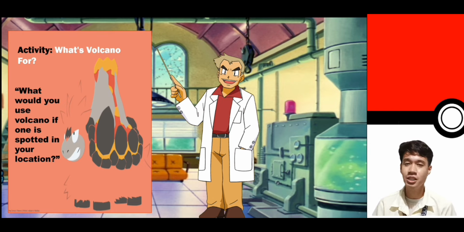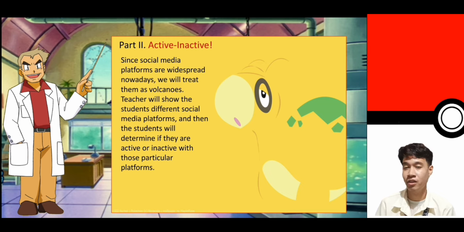After representing the topic, now let's go to part 3 of our activity, which is entitled Active, Inactive. Since social media platforms are widespread nowadays, we will treat them as volcanoes. I will show you different social media platforms, and then you students will determine if you are active or inactive with those particular platforms.